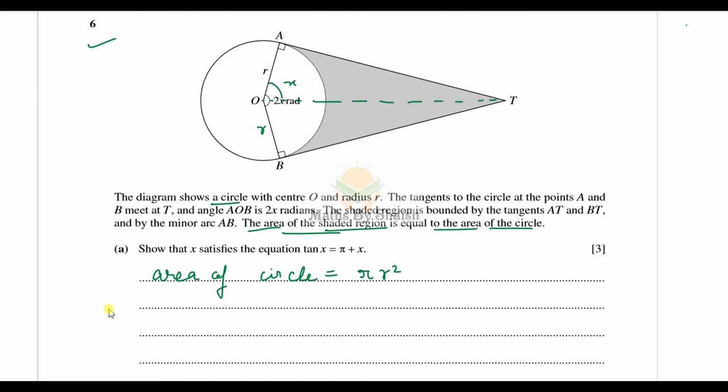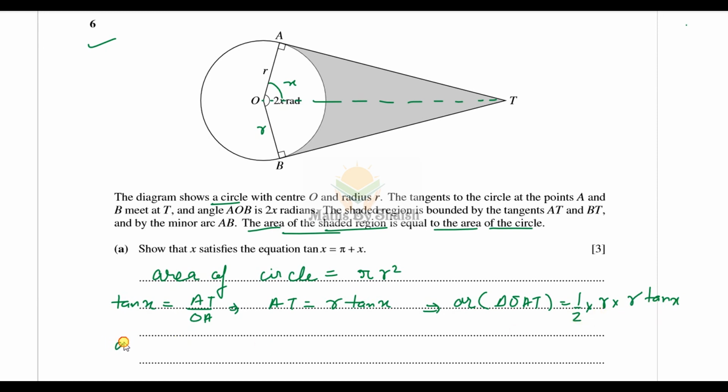So we'll write it, in triangle OAT, tan x is equal to AT upon OA. This implies AT is equal to OA tan x, that is r tan x, and hence the area of triangle OAT is equal to half into base r into height, that is r tan x.